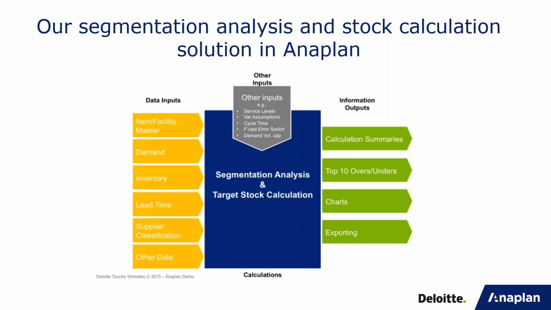The same for your locations, so it could be branches that roll up into states or provinces, into countries. And then your demand. We load in weekly demand by SKU, by location, as well as monthly inventory closing balance.